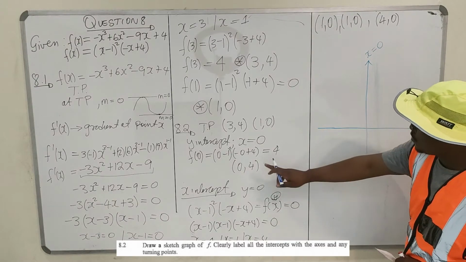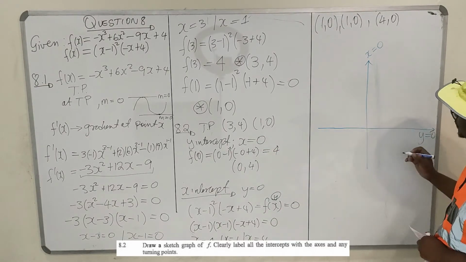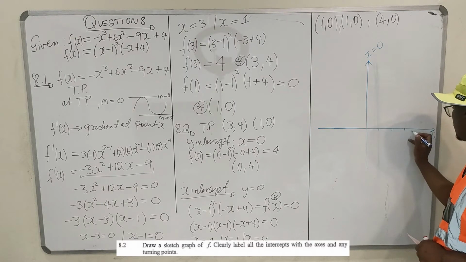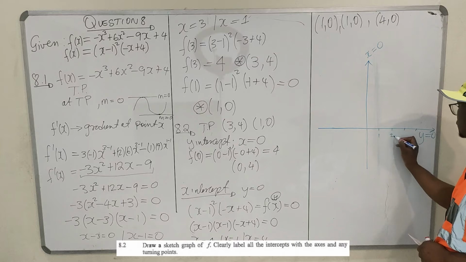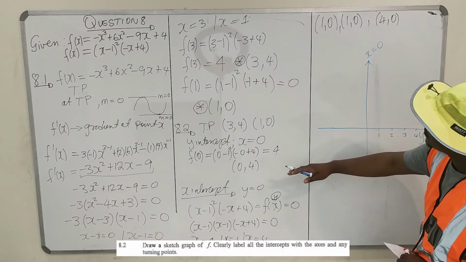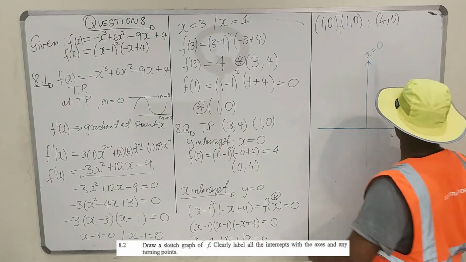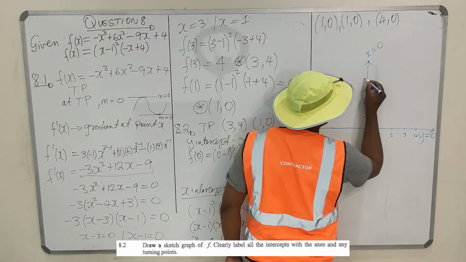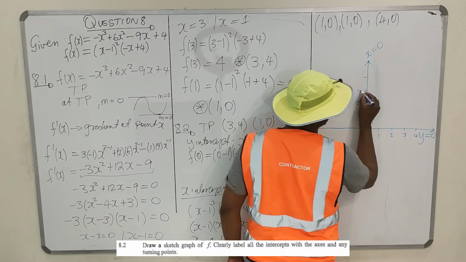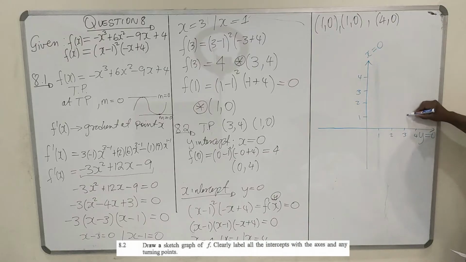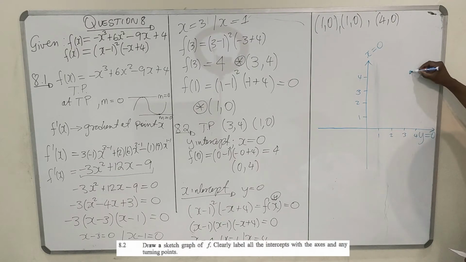You have the turning point at 3 and 4. Let's say we have 1, 2, 3, 4, and then 3 and 4. So the coordinates of 3 and 4 are somewhere here. This is the turning point.